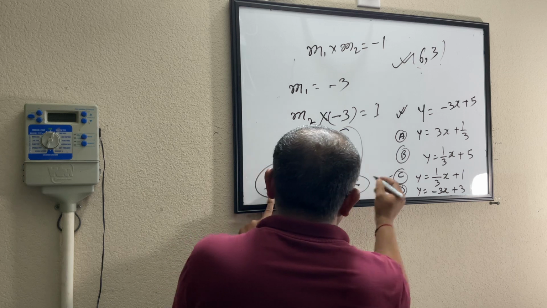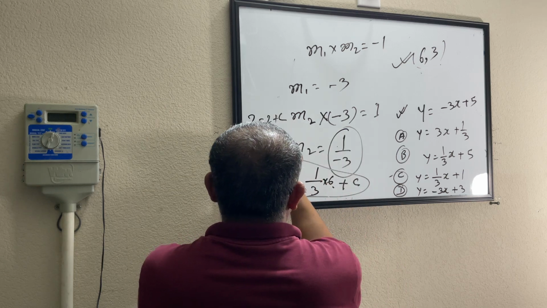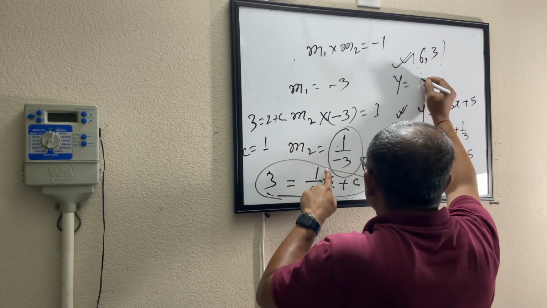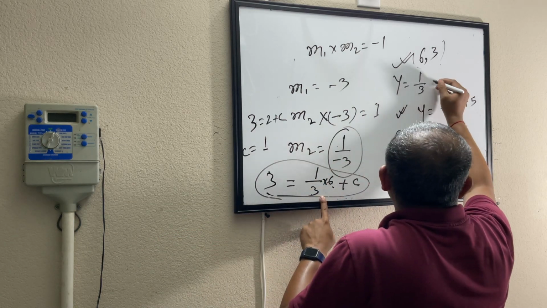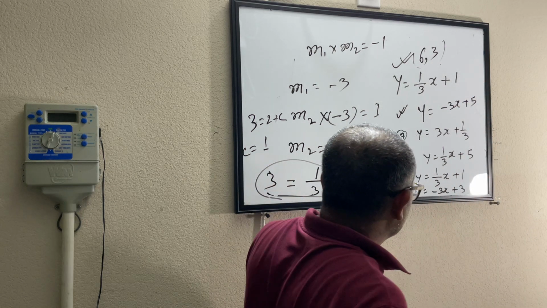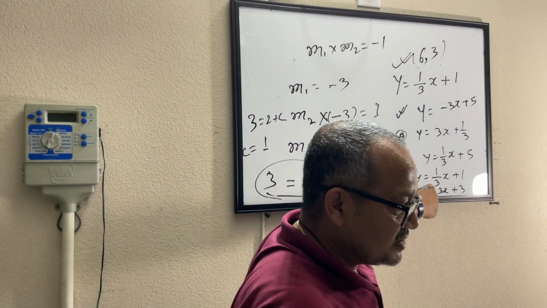So 6 by 3 is 2, so 3 equal to 2 plus c, that gives you c equals 1. So now you put that in the equation, y equal to mx plus c, m is 1 by 3, c is nothing but 1. So y equals 1 by 3x plus 1.